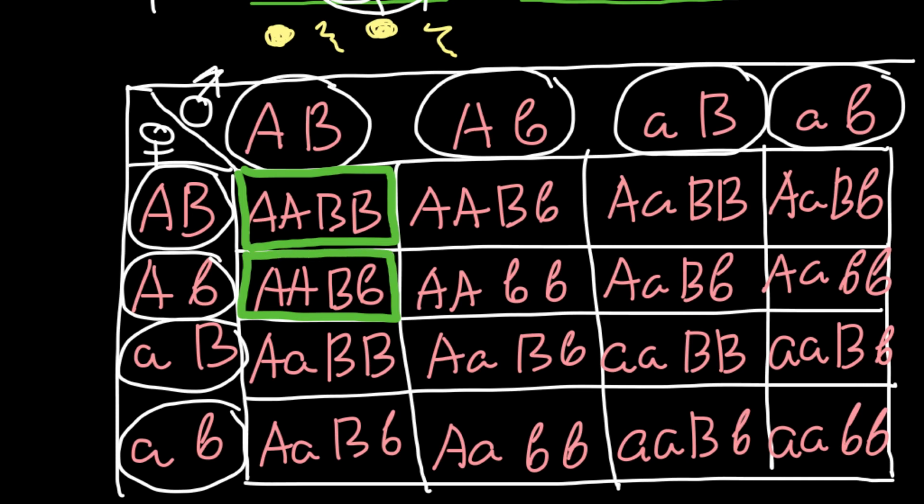Once again, in this cell we also see two normal alleles that can produce accessory pigment, but we also see here a suppressant allele, so this would also produce green color in plants, and this phenotype is also going to be green here.